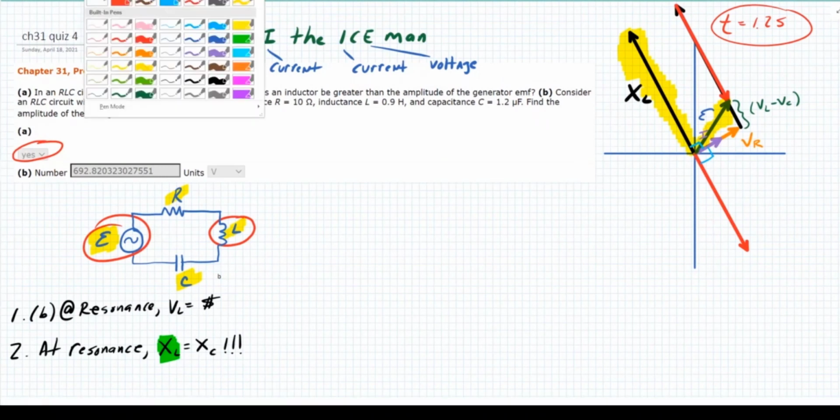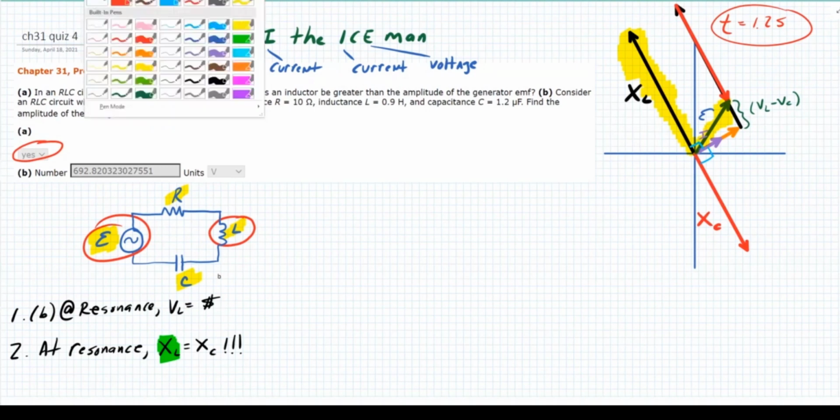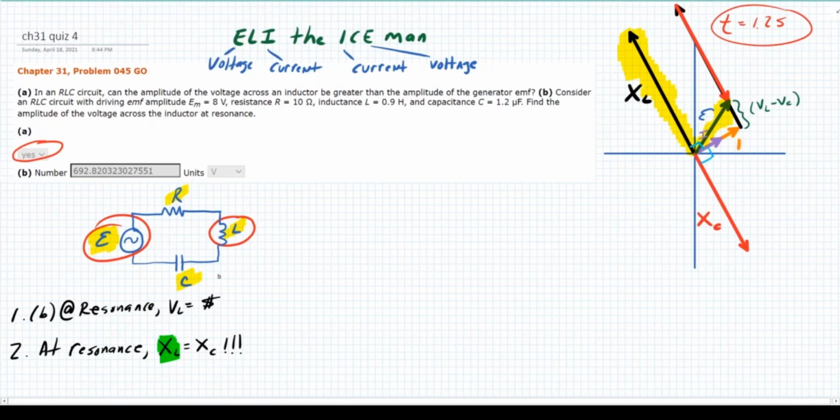And if I divide VR by I, that's just R for resistor. So this is the same phasor diagram, but with resistances and reactances. And last but not least, if I divide this EMF value by I, that's the impedance. Impedance is the aggregate result of the reactances and the resistance.